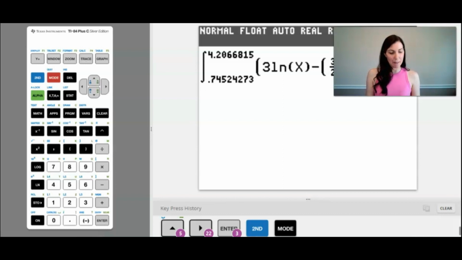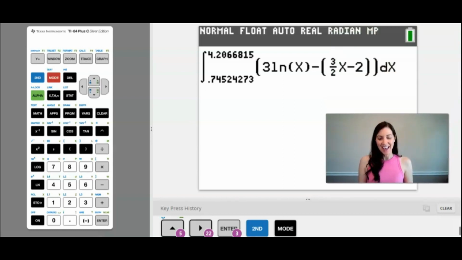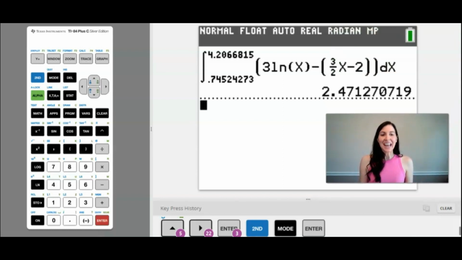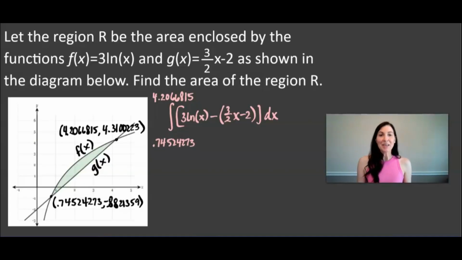And here we have it, and we get an area of 2.471. So let me come over here and write that, 2.471, and that is the area using rectangles where I take the top function minus the bottom function. Once again, that'd probably be my preference because as you see, the functions are already written in terms of x.